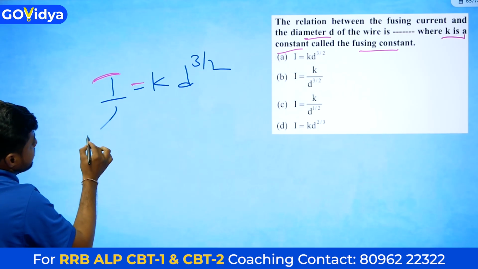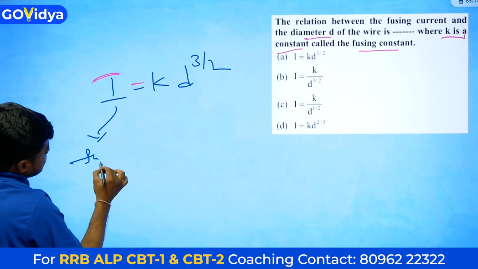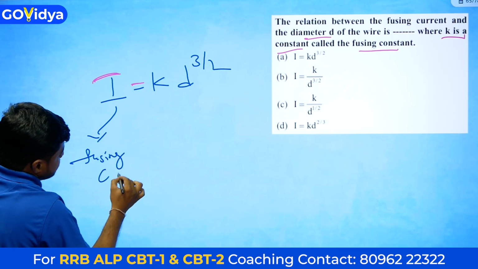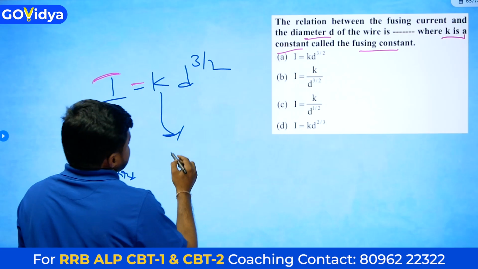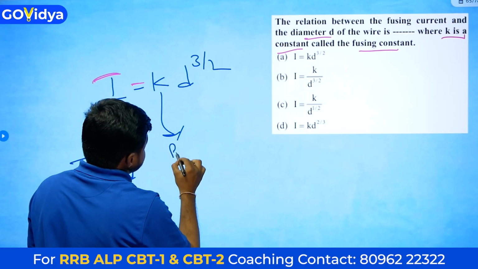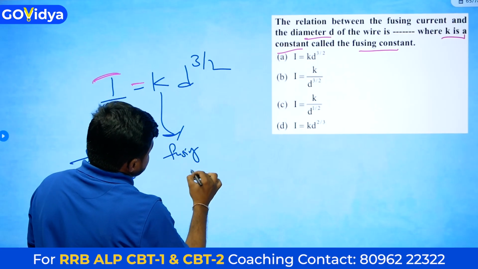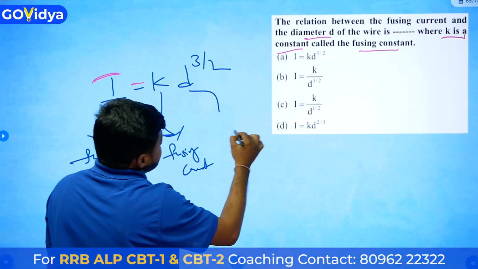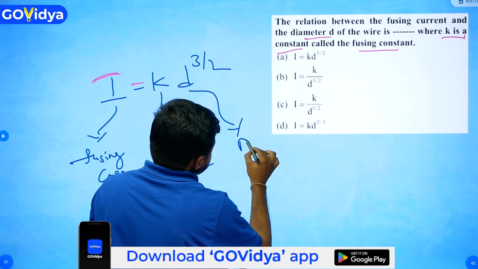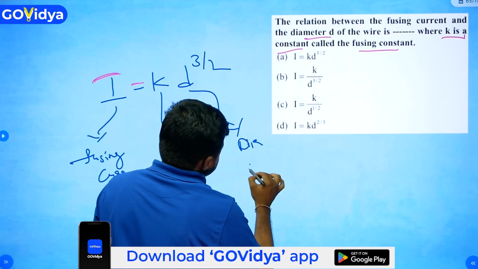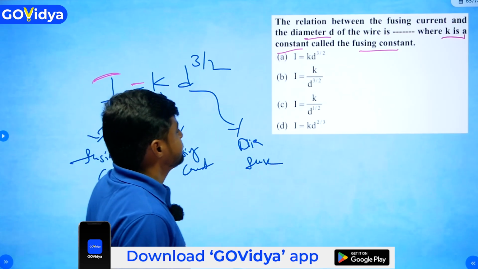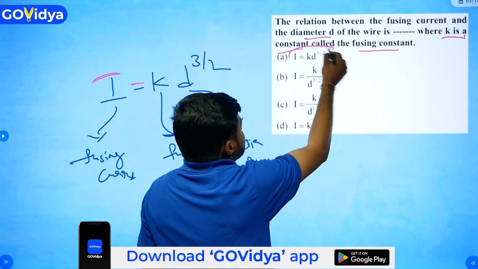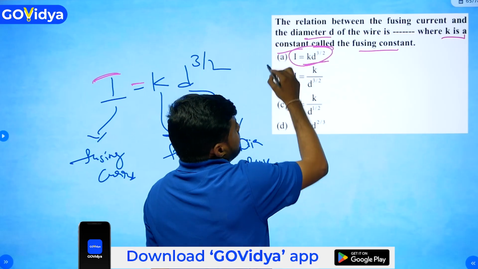I is the fusing current, K is the fusing constant, and D is the diameter of the fuse. From the options, option A is the correct answer.